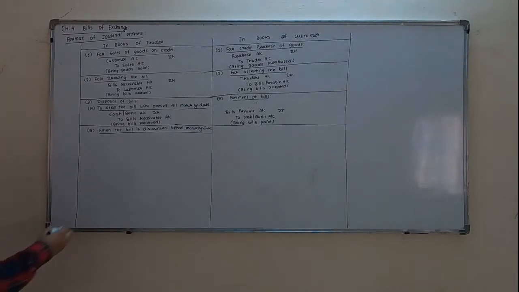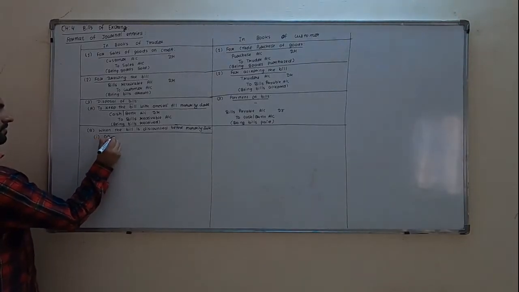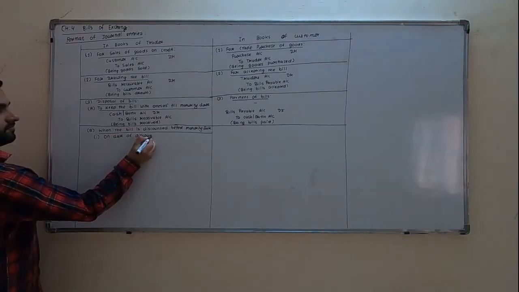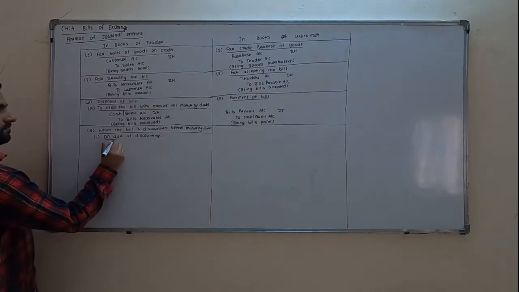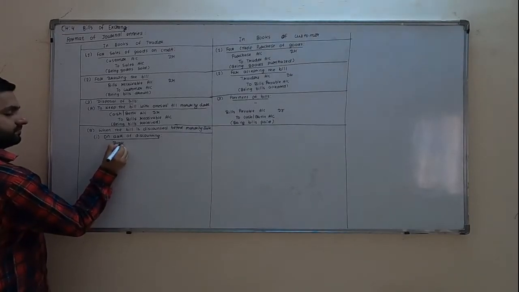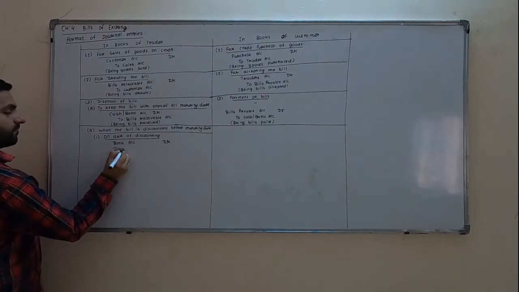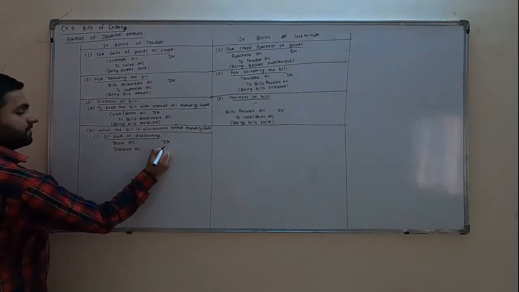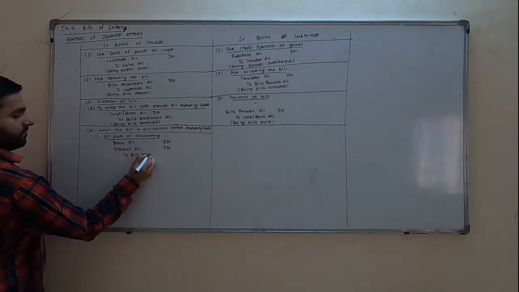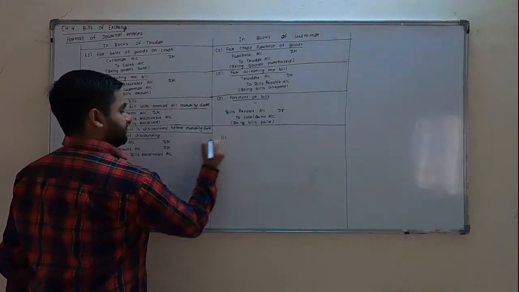So when we are discounting the bill before the maturity date, now we will get two entries. On the date of discounting, what entry we will make? Bank account debit, discount account debit, to bills receivable account.